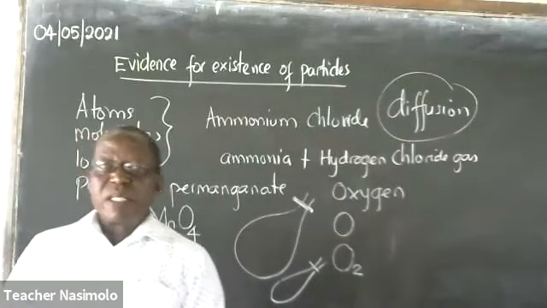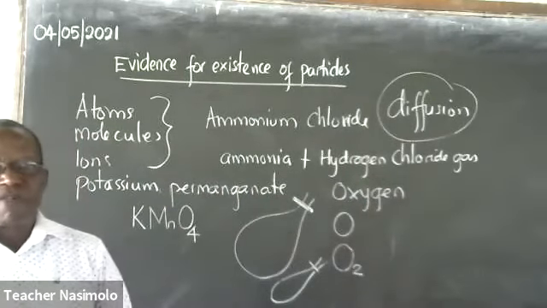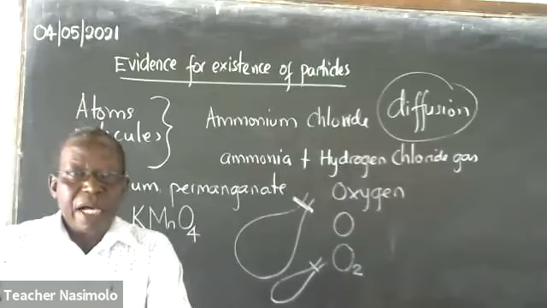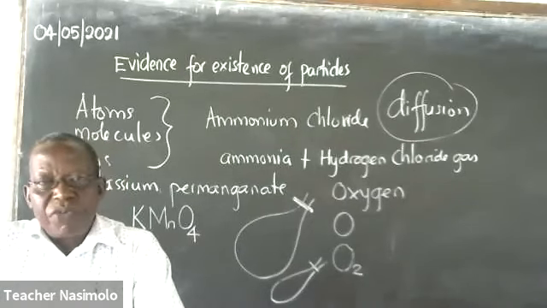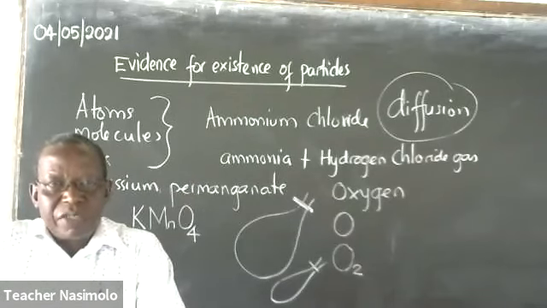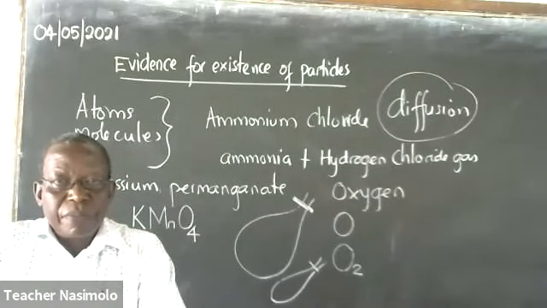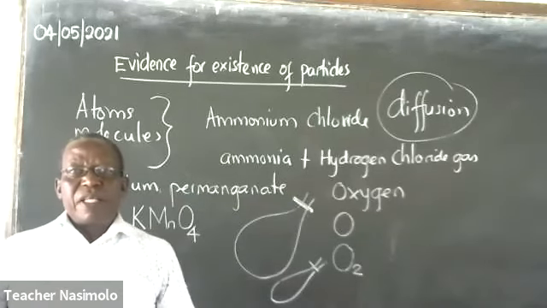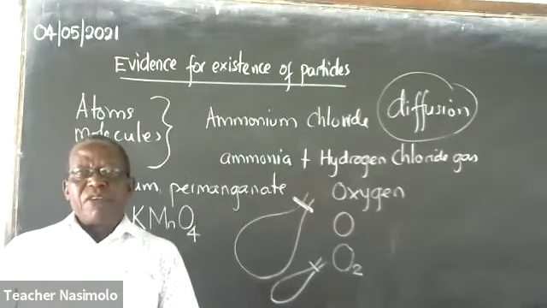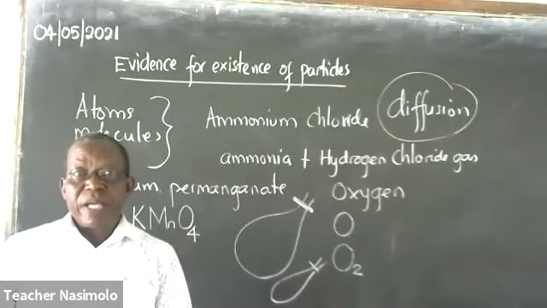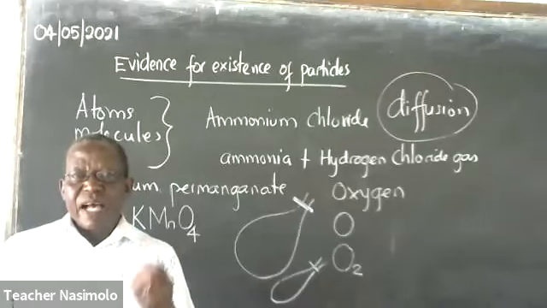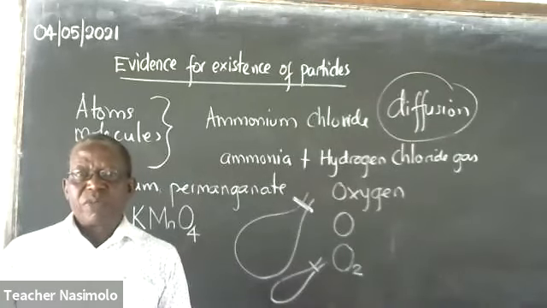Diffusion is the movement of particles of matter from a region where they are highly concentrated to a region where they are less concentrated. So the phenomenon of diffusion also goes a long way to explain that matter is made up of particles.